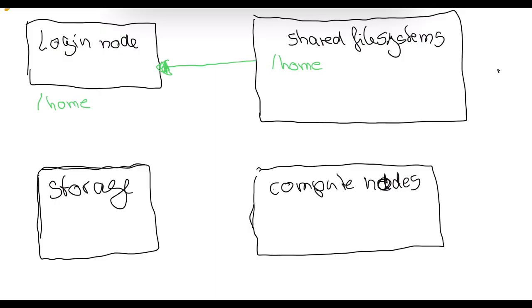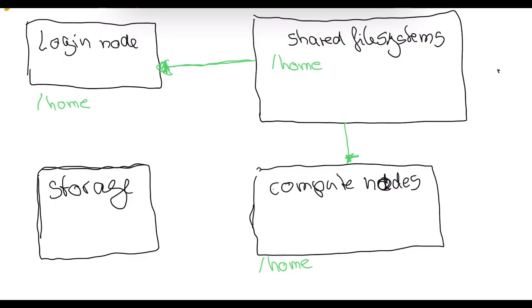So users logging into the login node onto the cluster will see the home directories, which are shared out from the shared file system. The shared file system will also share out this home directory to the compute nodes. And so when users are running calculations on the compute nodes, they also see the home directory there.